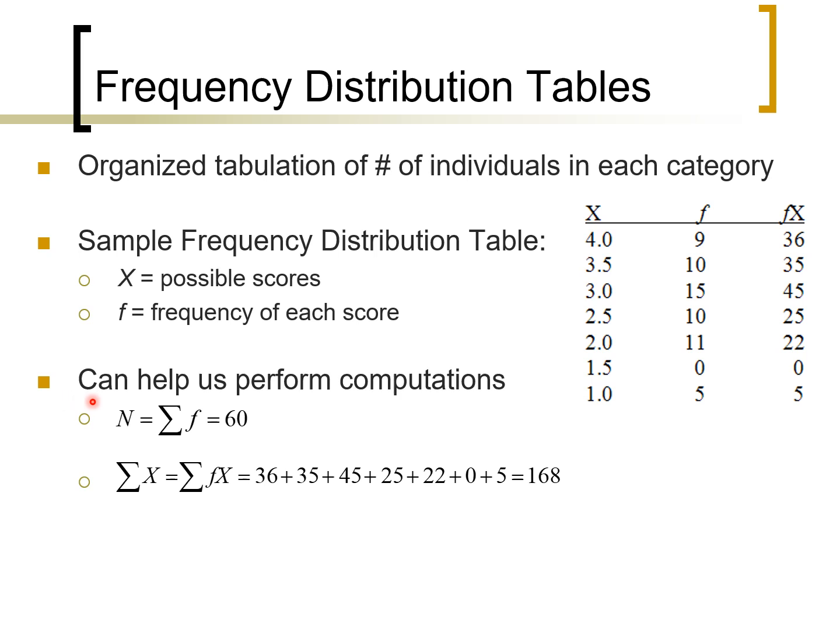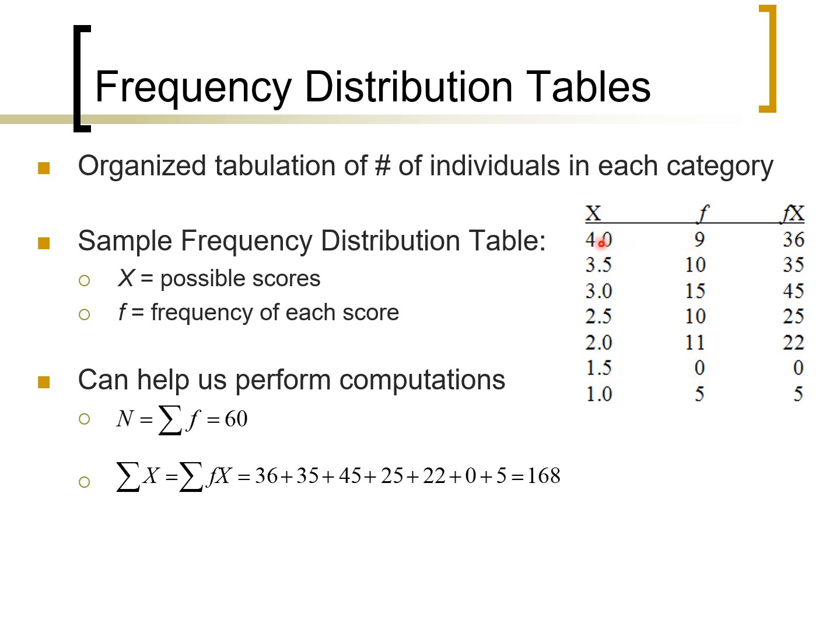Then we can also look at performing computations. So we're dealing with a big N, a population size. If we want to know the population size, we can just add up all our frequency values, because each person has a score that's in one of these.